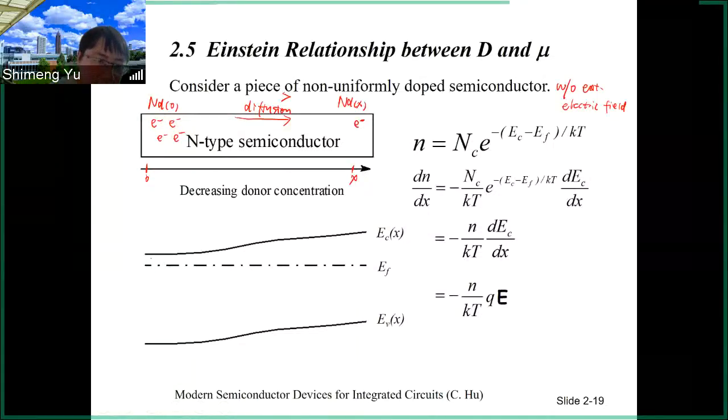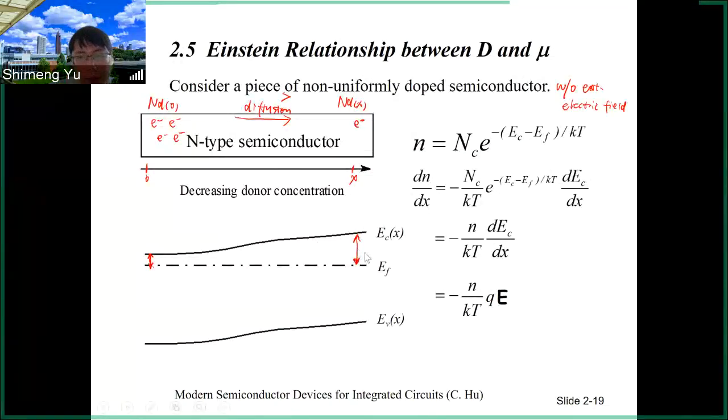So the distance here is determined by the doping density, and you have done the homework. So you know you can calculate this based on the doping density. And the higher N-type doping, closer EF to the EC. Then to the right side, you have less doping, so then this is farther away. Then you have larger distance here.